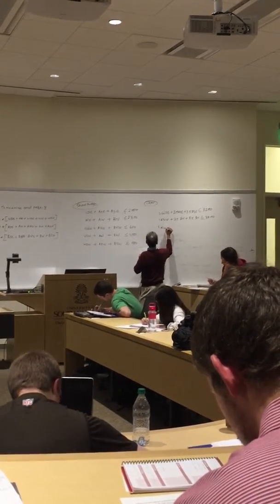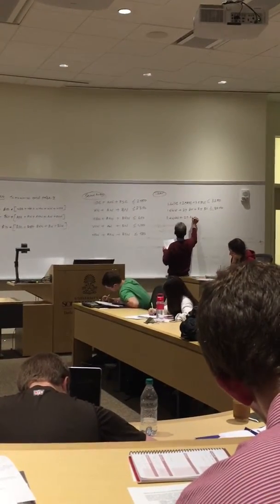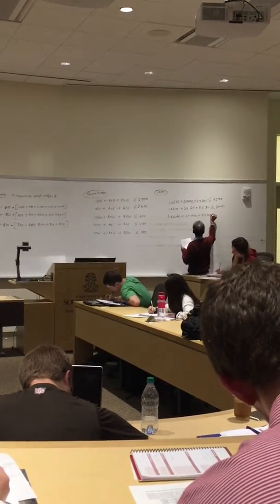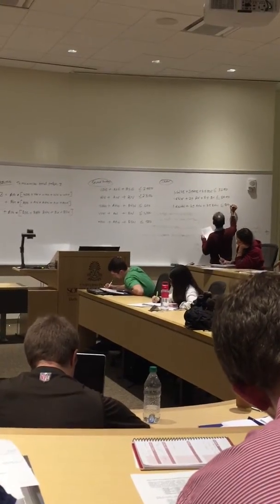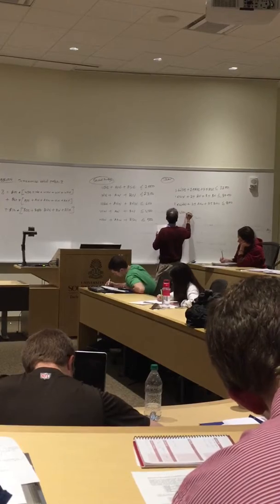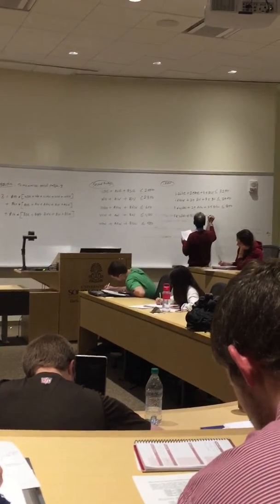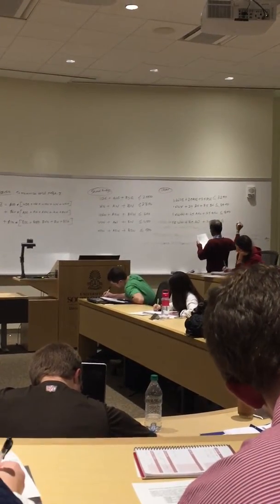1.6 times WNW plus 2.9 times ANW plus 3.5 times BNW less than or equal to 800. 1.6 times WW plus 2.9 times AW plus 3.5 times BW less than or equal to 500.